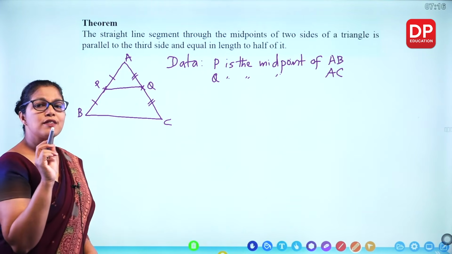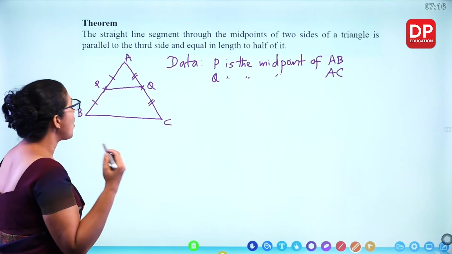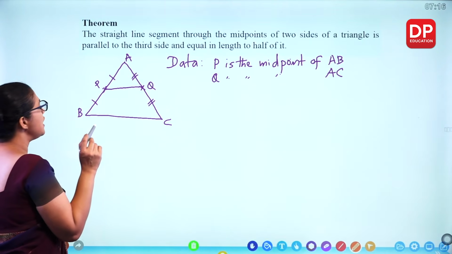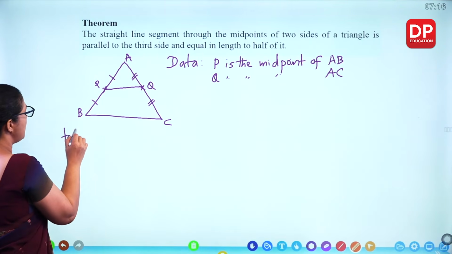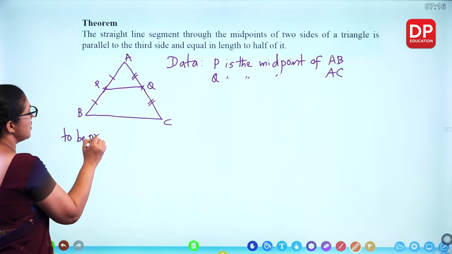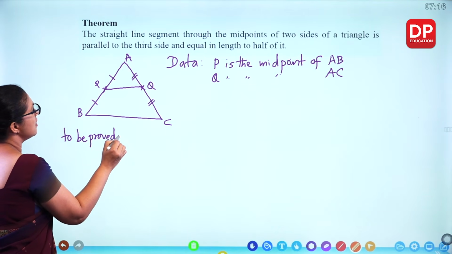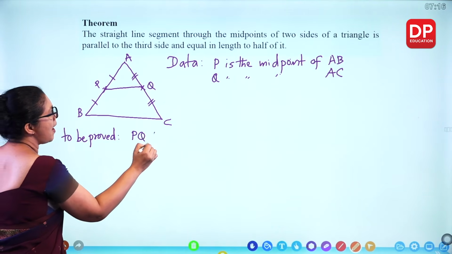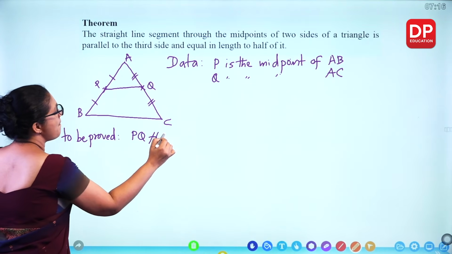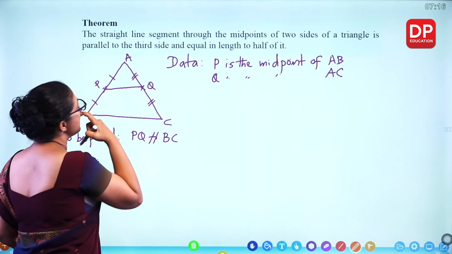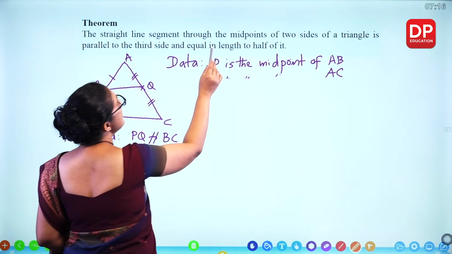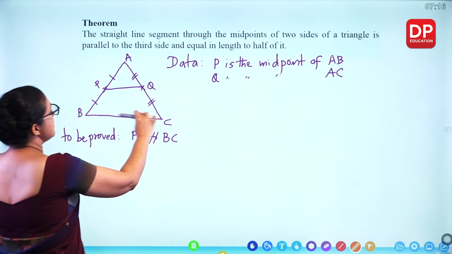Then we need to do a small construction. So what you need to prove? To be proved, PQ is parallel to BC. It says the third side, this is the third side.